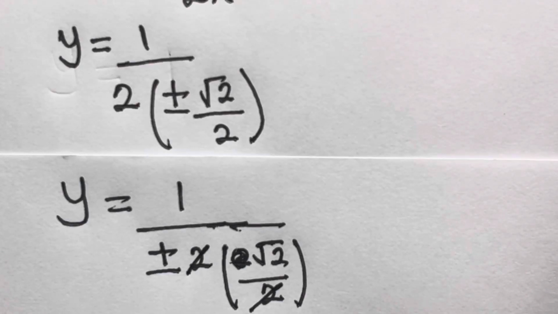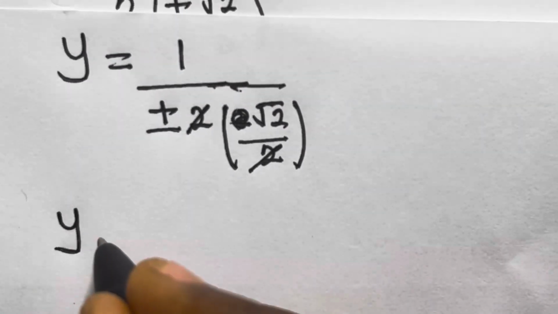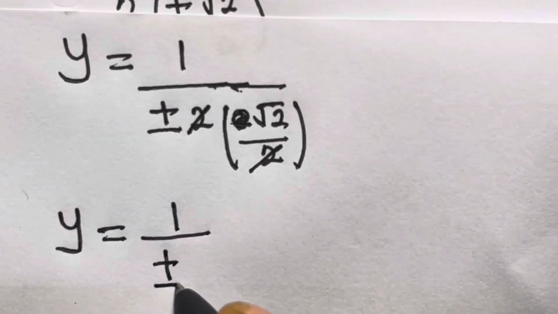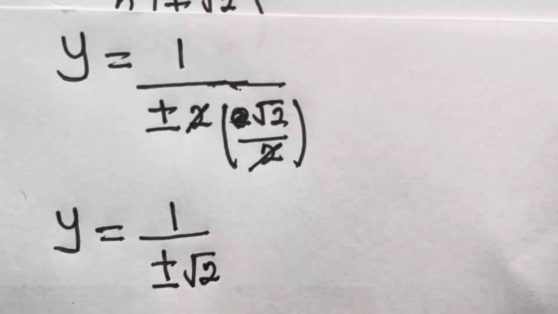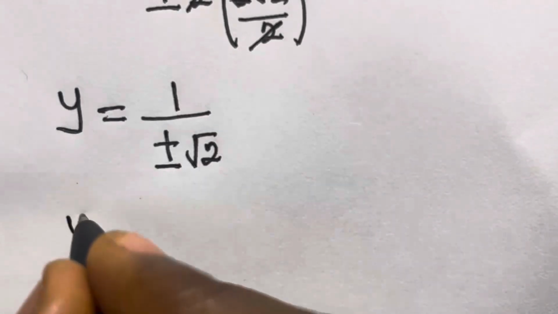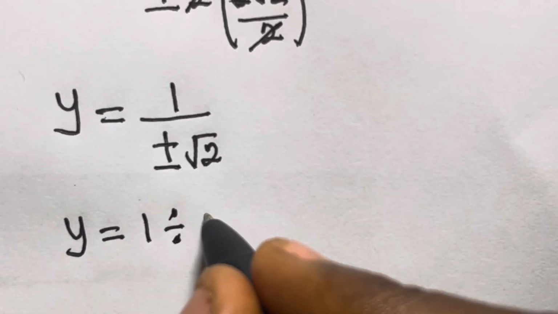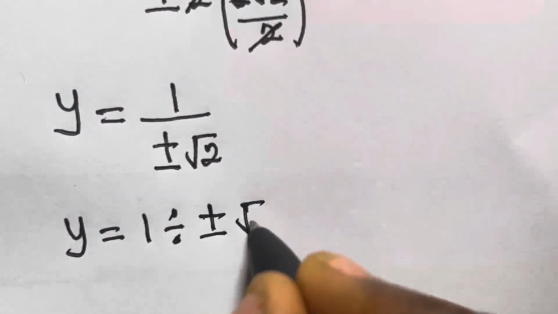So we will have y equal to 1 divided by plus or minus the square root of 2. The simple expression of this is y equals 1, then you can write this division by plus or minus the square root of 2.